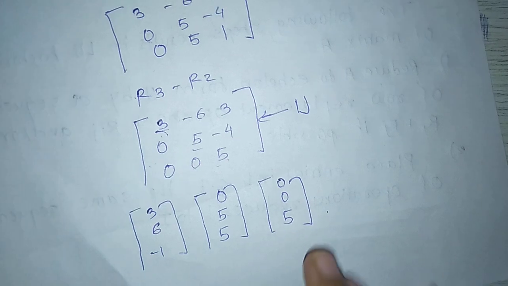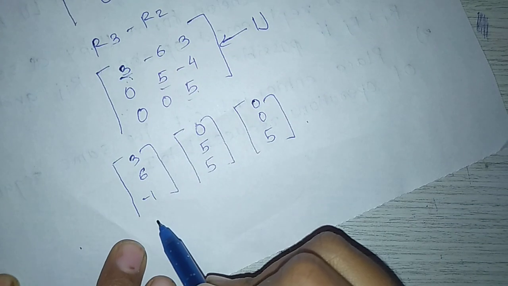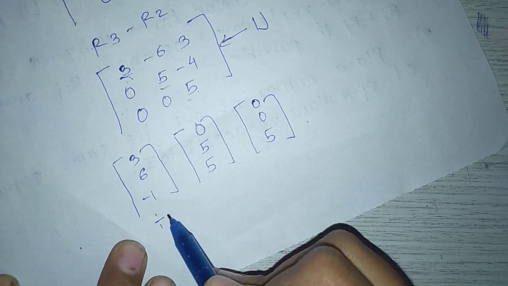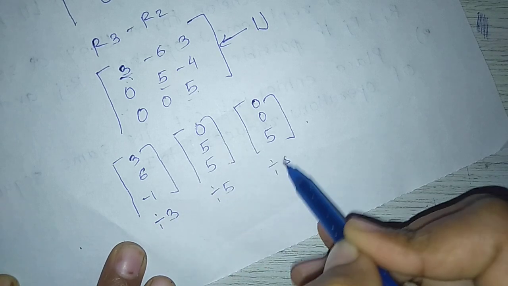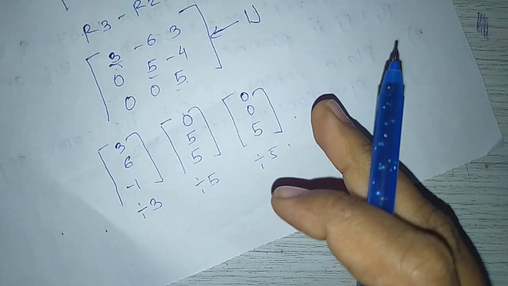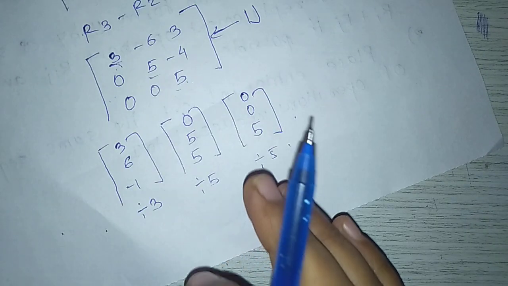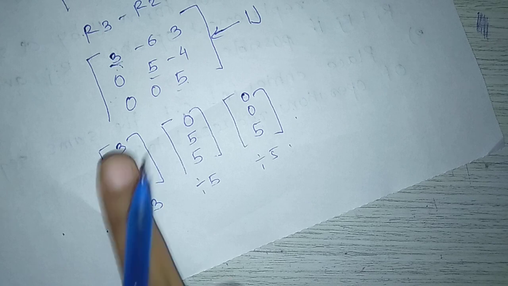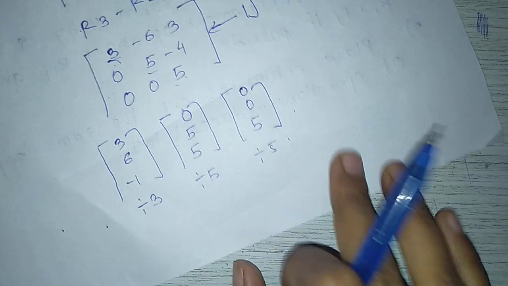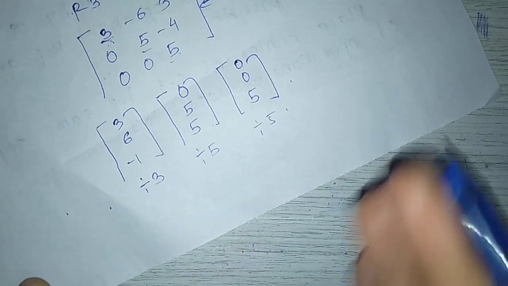Now divide the first pivot column by 3, the second pivot column by 5 and the third pivot column by 5, because in the lower triangular matrix in LU factorization the diagonal entries are nothing but 1. That's why we divided by 3, 5, 5.